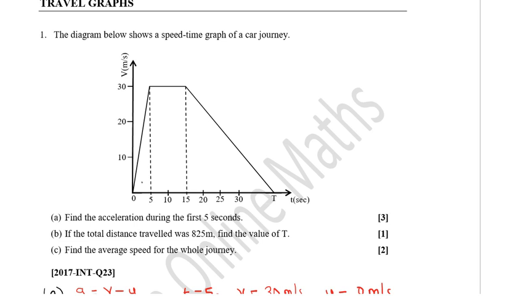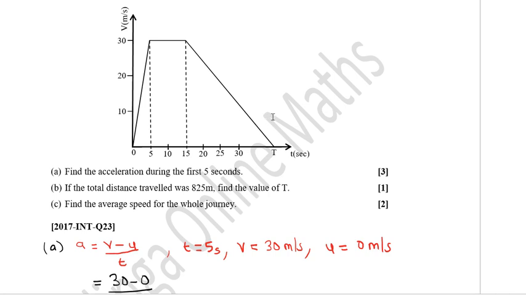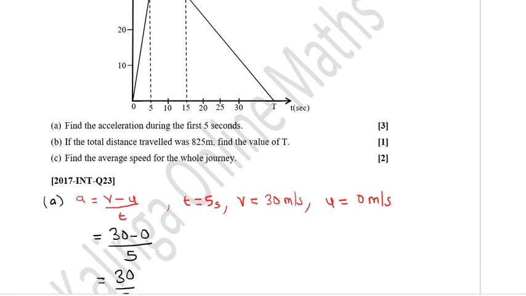Okay, all right, so let me just clear some space here so that we can look at question B, how it will be done. Okay, so question B, we want to find the value of t. So allow me to just divide these shapes into regions.